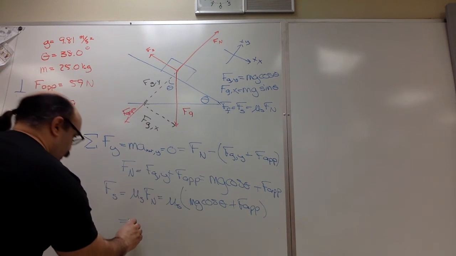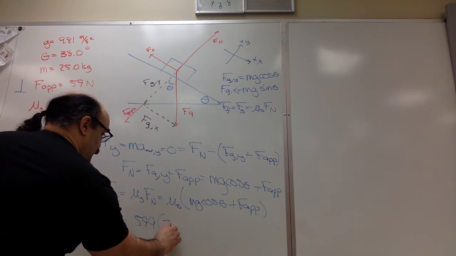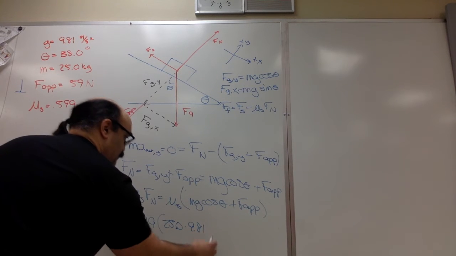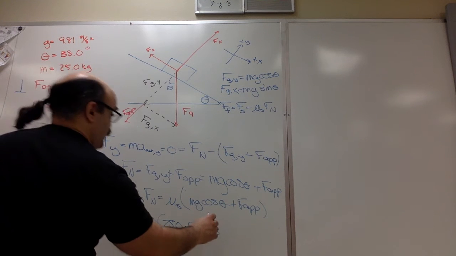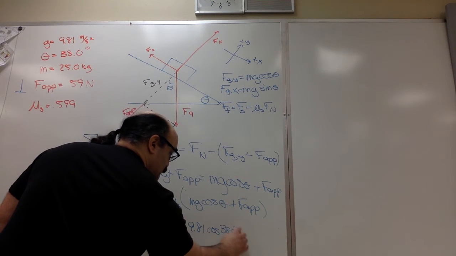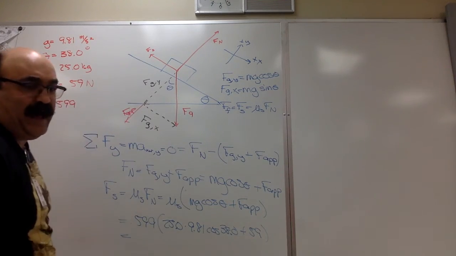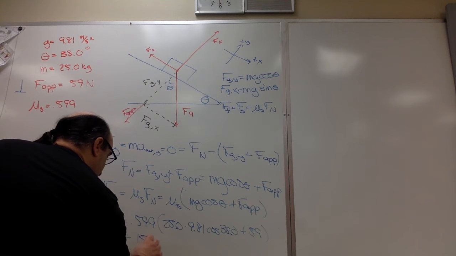Okay, we can plug in all the numbers: 0.599 times 25.0 times 9.81 times the cosine of 38.0 plus 59.